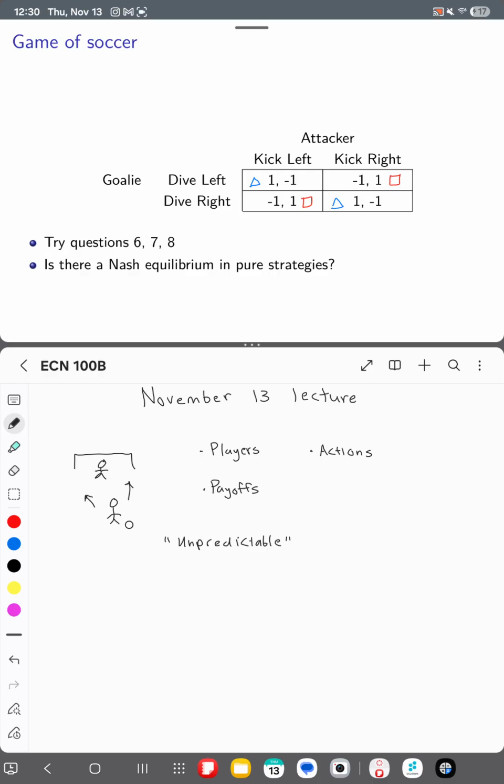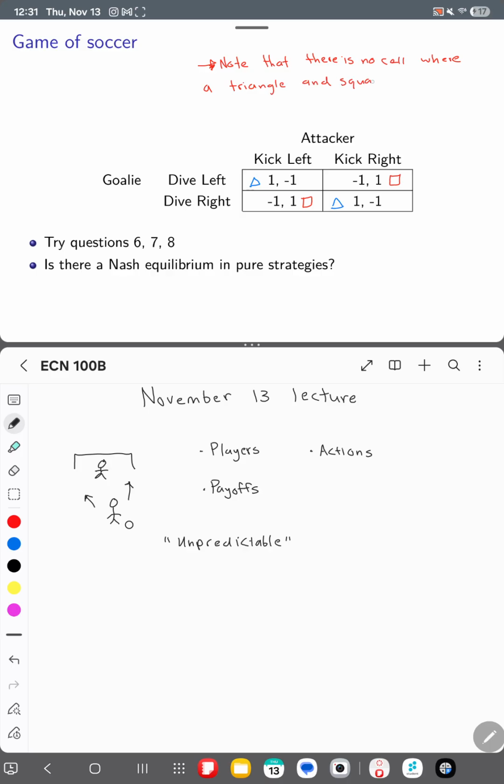But notice something is off or different about it, which is that there is no cell where a triangle and square coexist. Right?